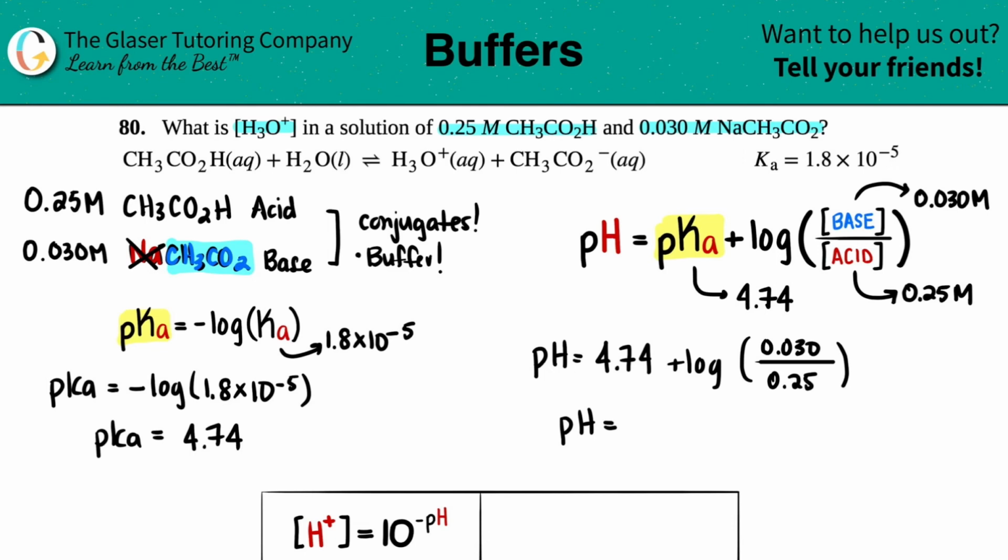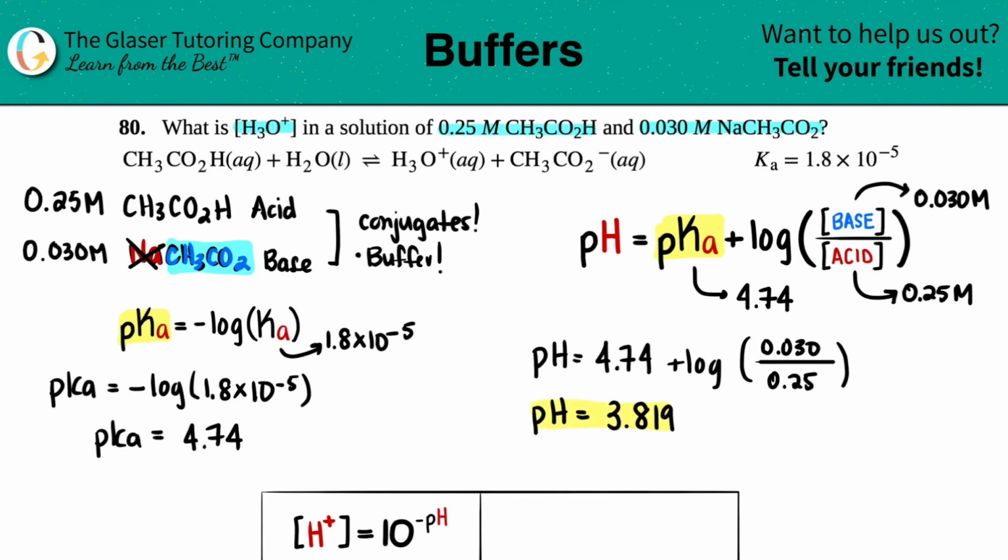I get, rounded to three sig figs, 3.8. Technically we're not at the right answer yet, so let's extend it out: 3.819. That's good enough. So we found a pH. But make sure they wanted the H3O+ concentration, they didn't want the pH.